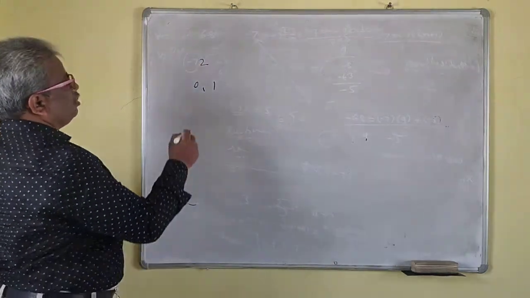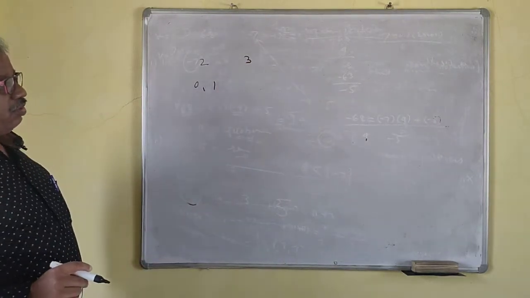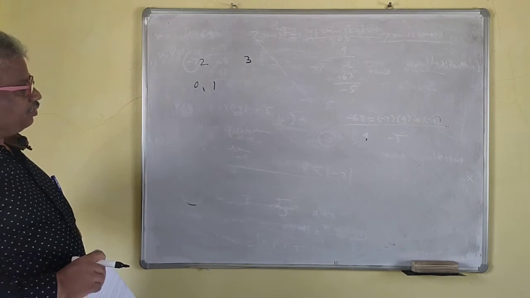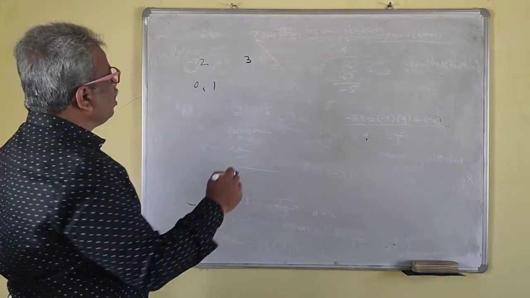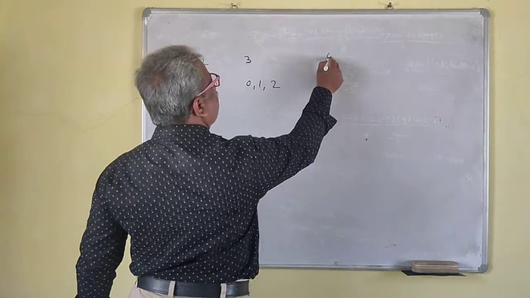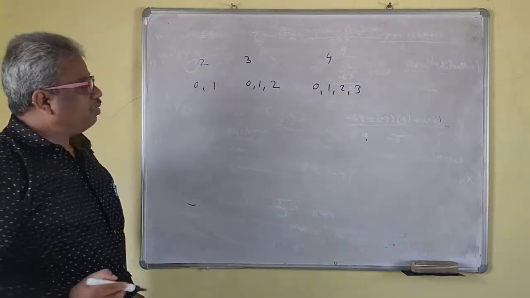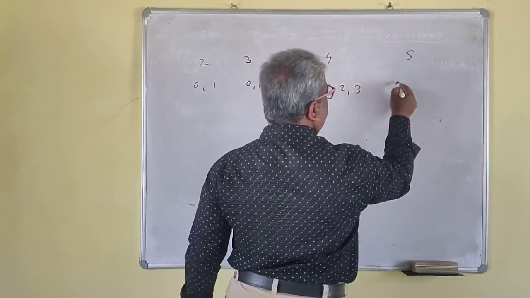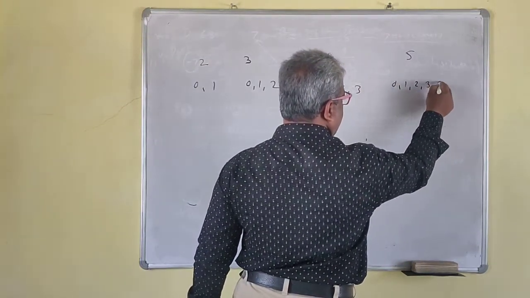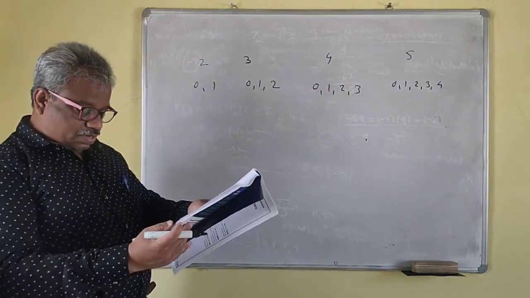When we are dividing by 3, then the remainder is 0, 1, 2. When you are dividing by 4, the possibilities of the remainder are 0, 1, 2, 3. When you are dividing by 5, then the possibilities of remainder are these only. So you should remember this. Okay, so that is the division algorithm.